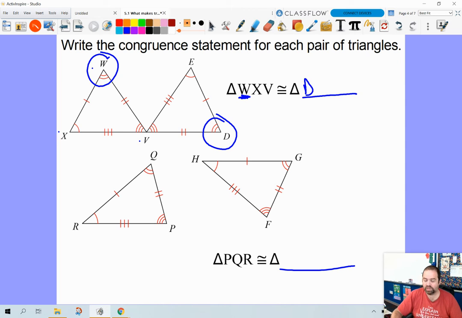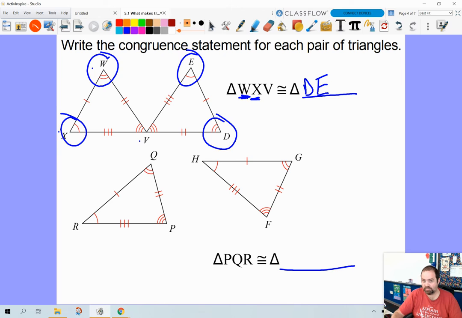So there is really only one right answer on these, right? I'll name the first one whatever. It doesn't matter how the first one's named, but the second one has to correspond to the name of the first one. So the second letter in the name is X. Angle X has the single mark in it, so I know that matches up with E in the second triangle. So I'm going to name that one DE.